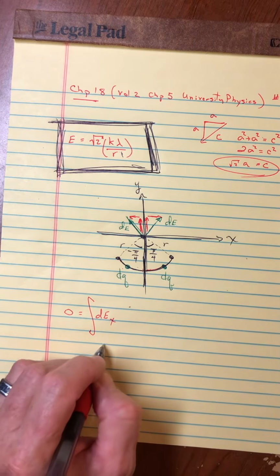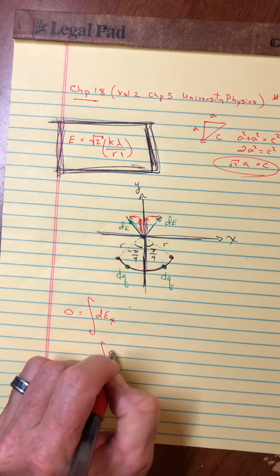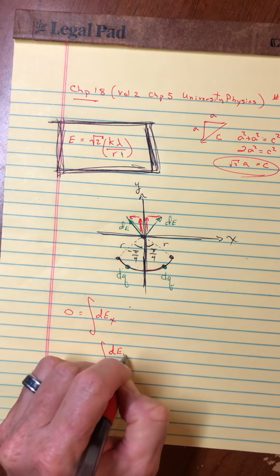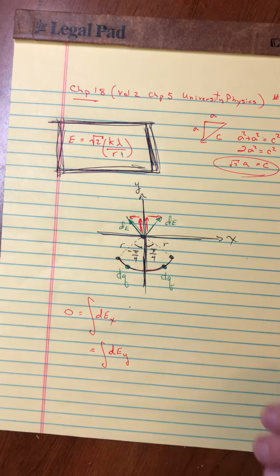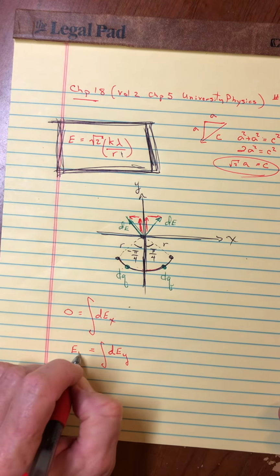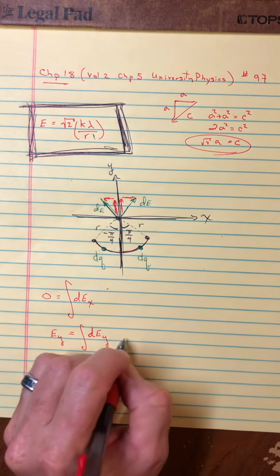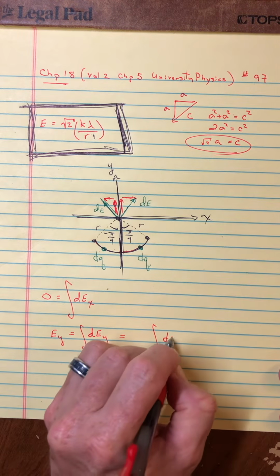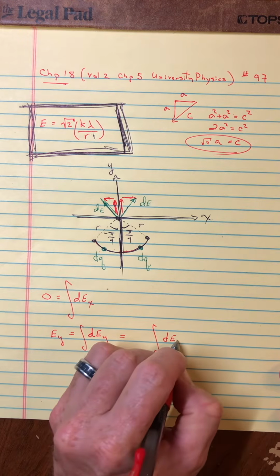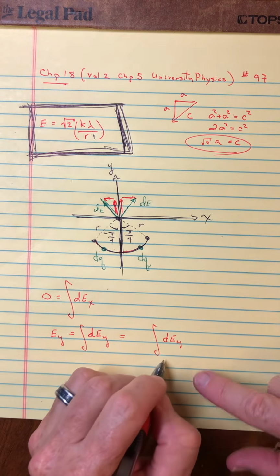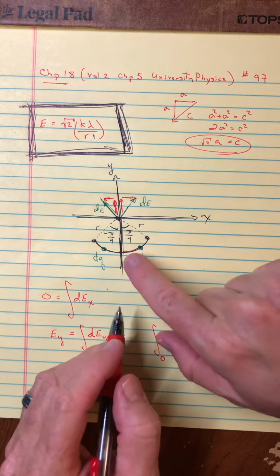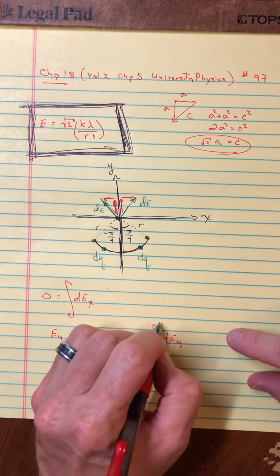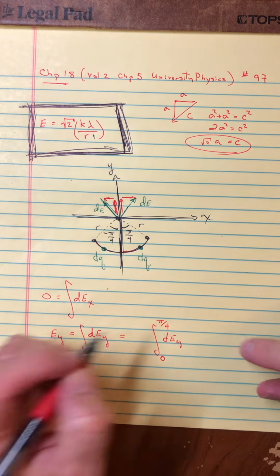I'm going to say, let's add up all the little electric fields in the y direction. And that's going to be EY. Okay? And as I just said, let's only add up from a 0 angle to a pi over 4.